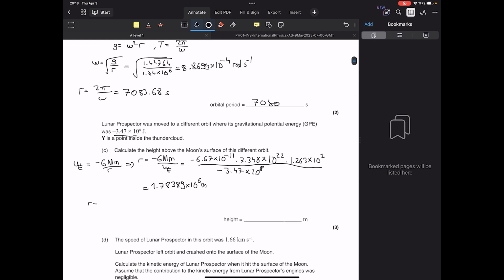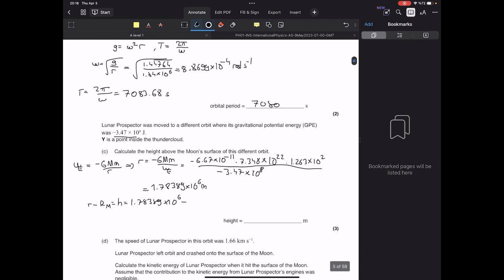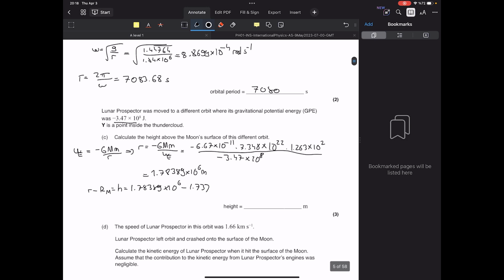So from r, we can subtract the radius of the Moon to get h, which is going to be equal to 1.78389 times 10 to the 6 minus the radius of the Moon, which is 1.737 times 10 to the 6.